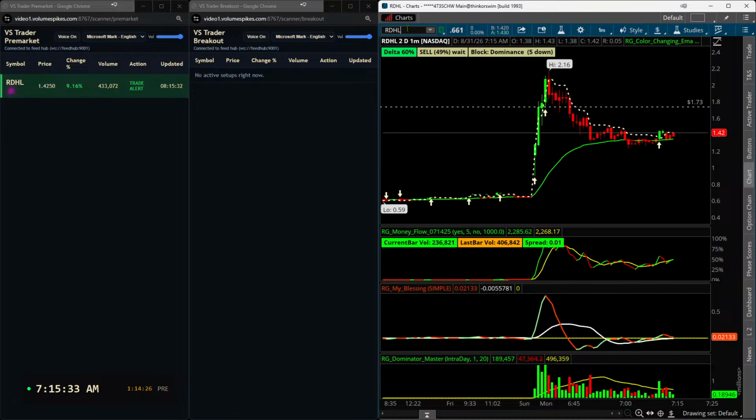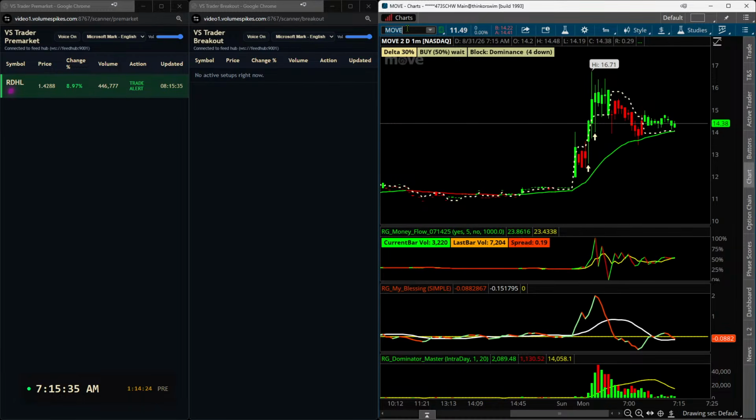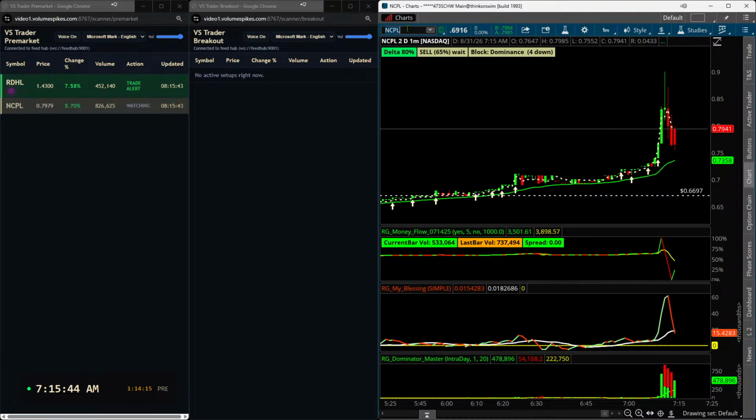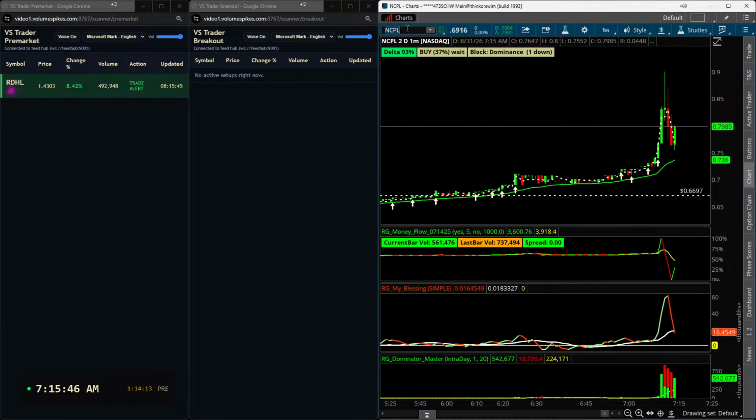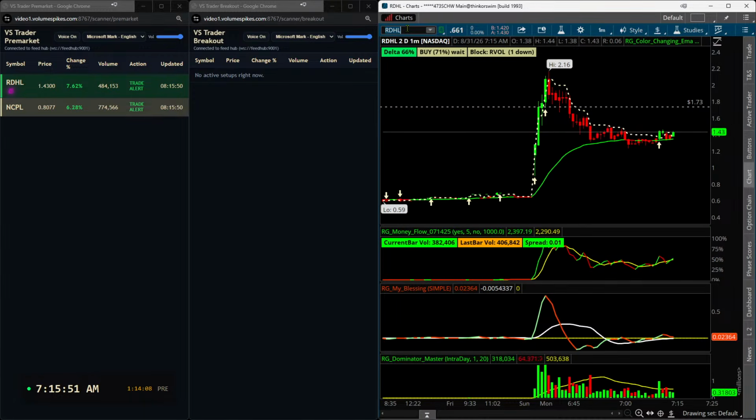We can go look at MOVE. Move, quit moving. NCPL. These were recent movers. RDHL, still in the scanner, still not moving. Go back to NCPL.